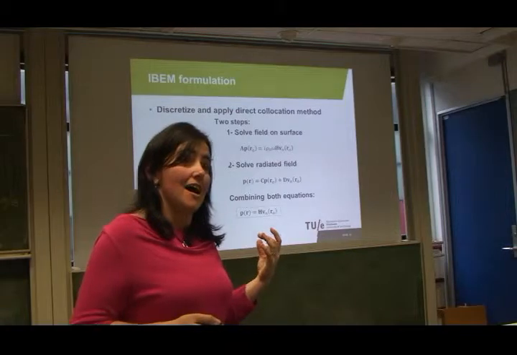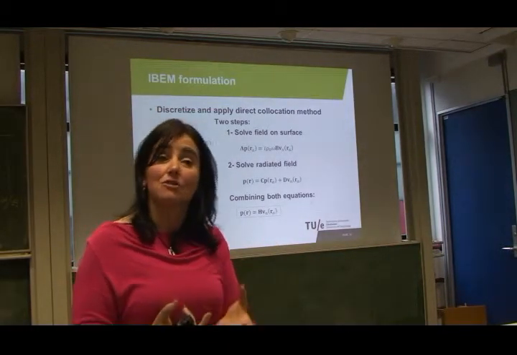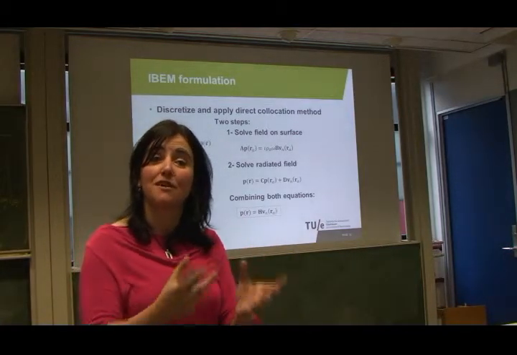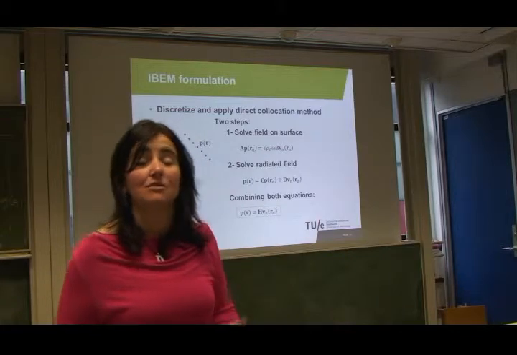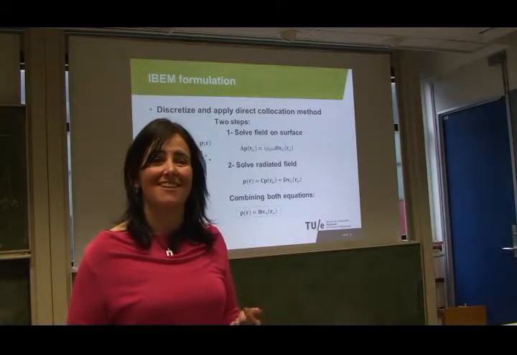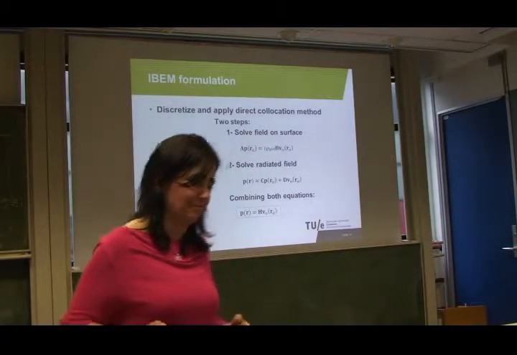The advantage of this method, as I said, is that it allows you to describe irregular surfaces, and it gives you a very good interpolation of the field at the source. The disadvantage is computational cost. It takes time to make the model, and it takes time to solve the map.